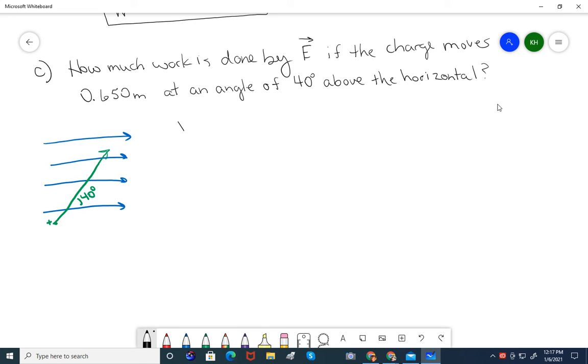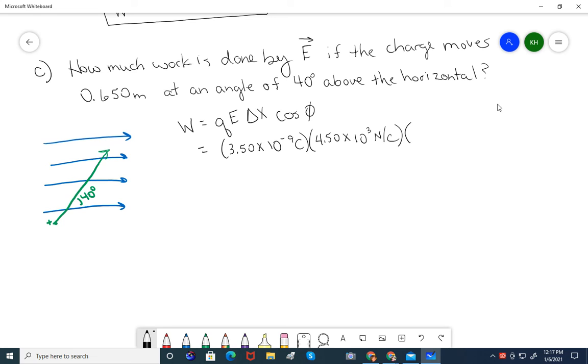So now we do work equals Q E delta X cosine phi. We have the same charge, 3.50 nanocoulombs, with the same electric field, 4.5 times 10 to the third newtons per coulomb.